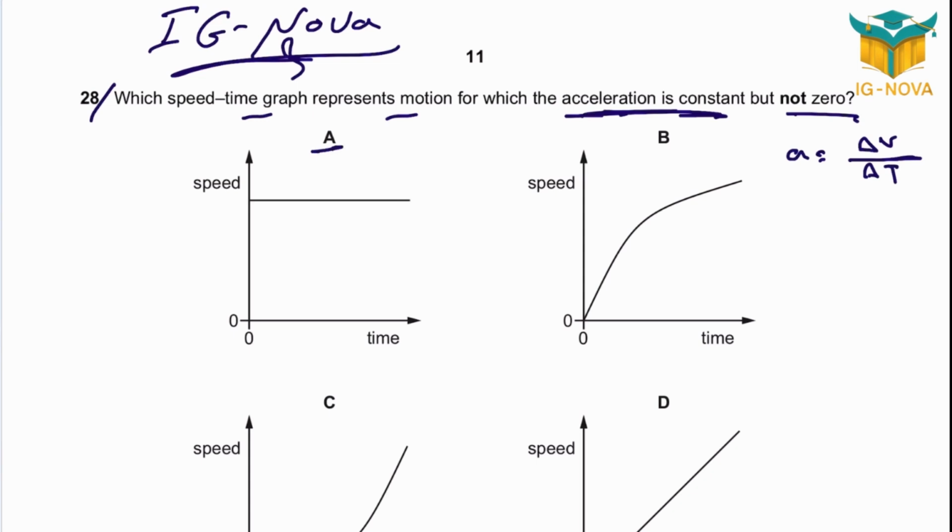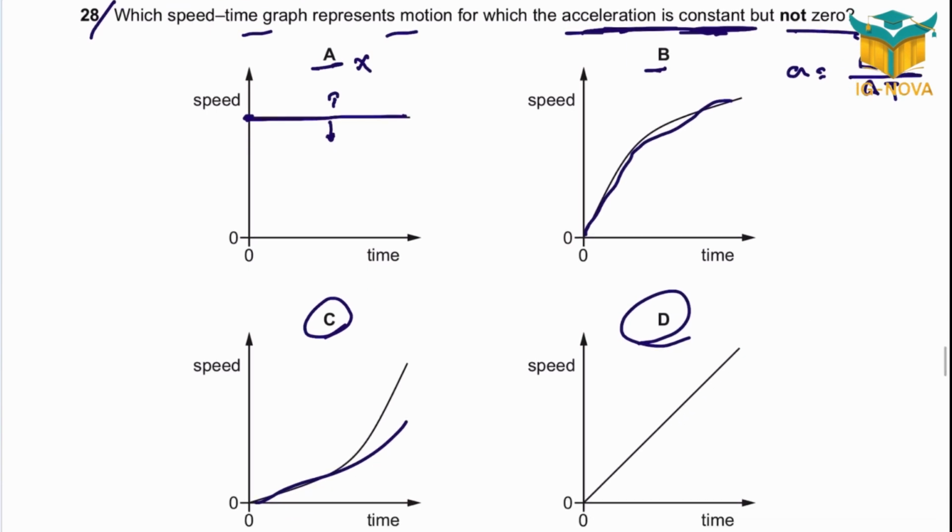For graph A, here speed is at a constant value, not increasing or decreasing, that means speed change is zero. So A cannot be. Option B is not straight, and C is not straight, and he said constant acceleration, so a straight line graph must be. So the right option is D.